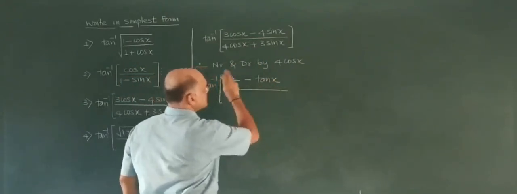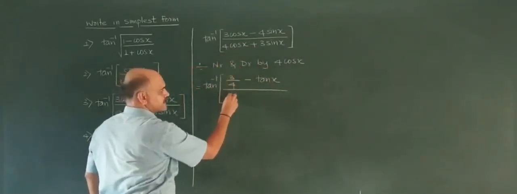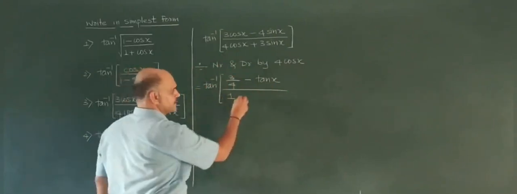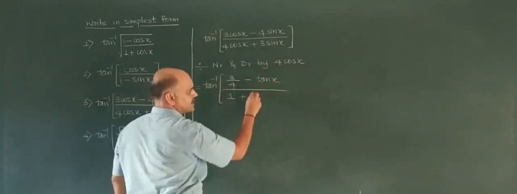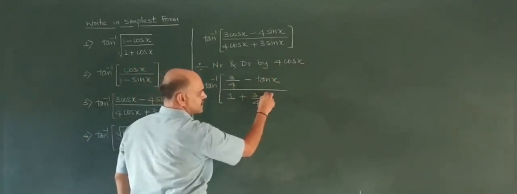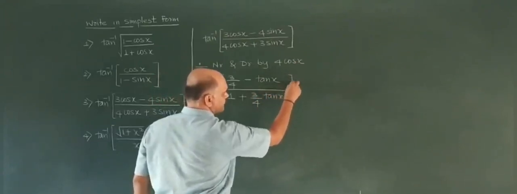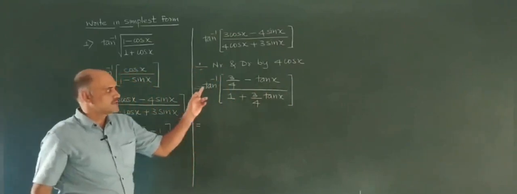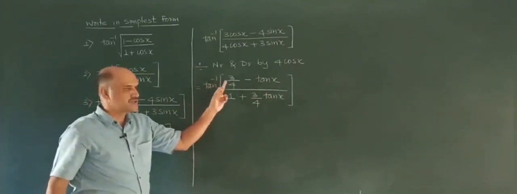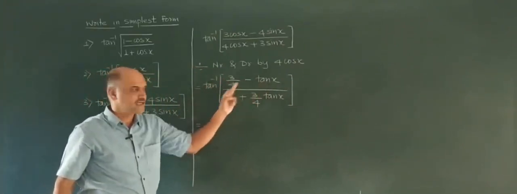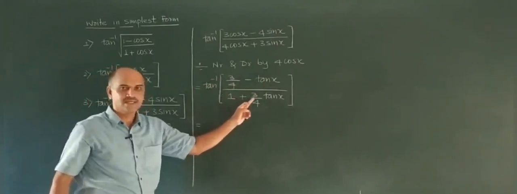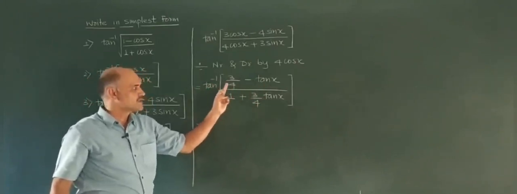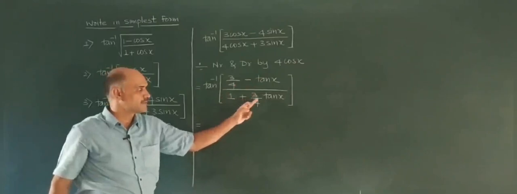In the denominator, both terms get cancelled to give 1 plus 3 by 4 tan x. Now if you observe, it is in the form of tan inverse of (x minus y) divided by (1 plus xy).